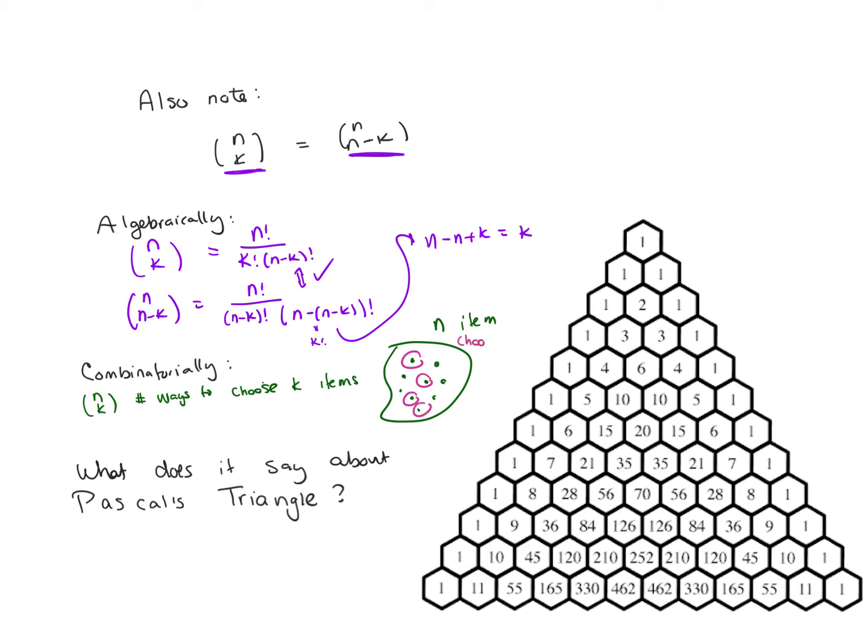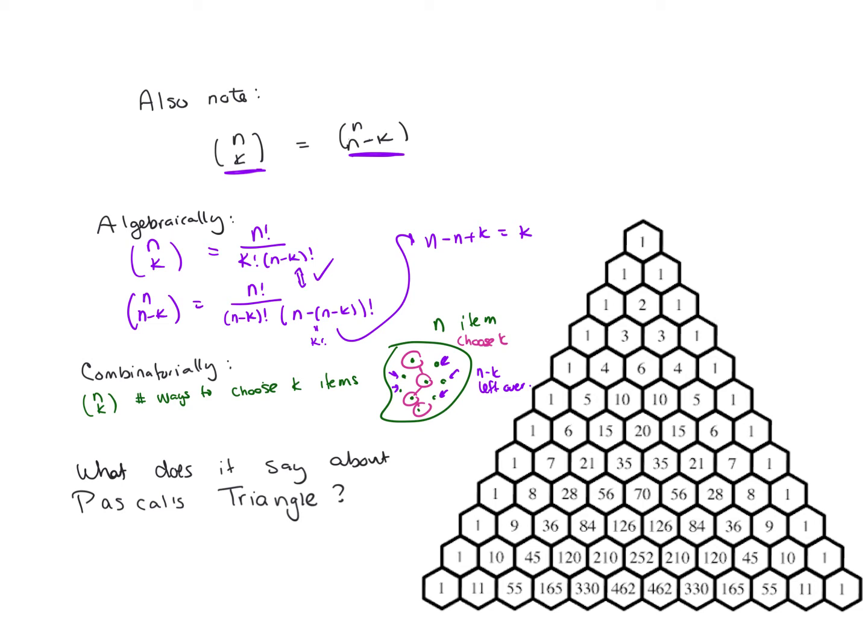But whenever I choose k, I can look, and there's going to be n minus k left over. So choosing n minus k and choosing k are really the same sort of thing. There's going to be the same number of ways to do that, because whenever I've chosen k, I've really left n minus k unchosen.